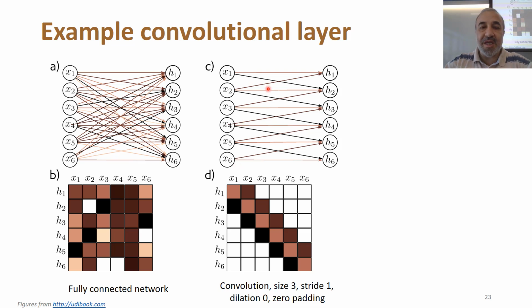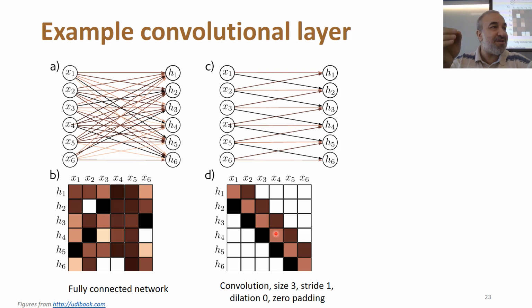Now this can be represented in the matrix here. So, for example, H3 is a weighted sum of x2, x3, and x4. H4 is a weighted sum of x3, x4, x5. And notice that the colors here are exactly the same across rows, right? Why is that?